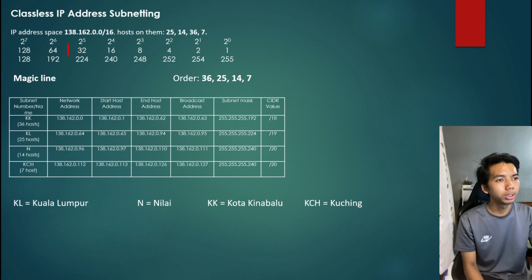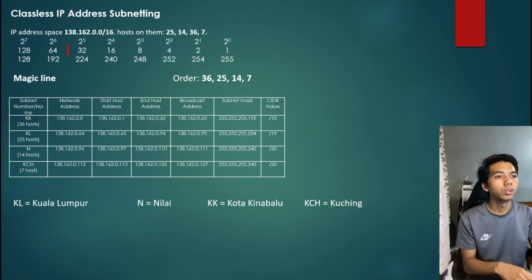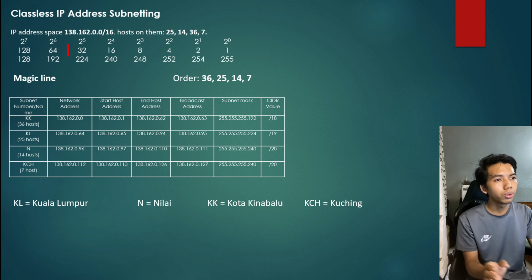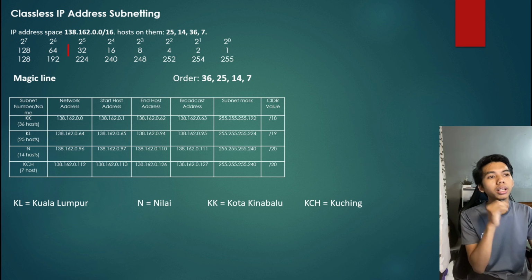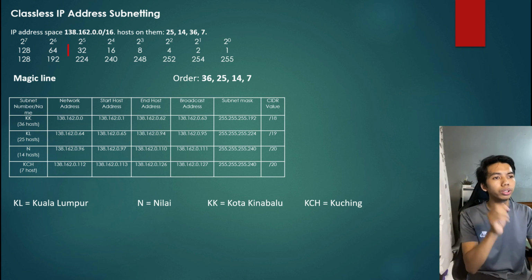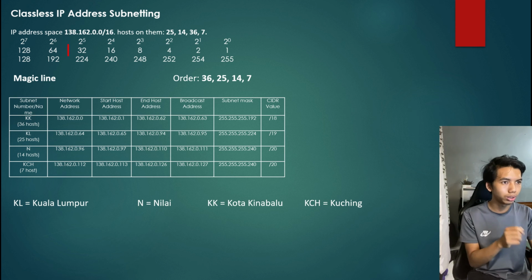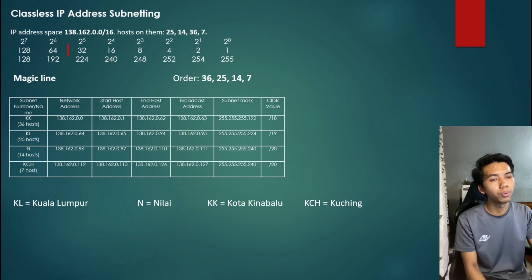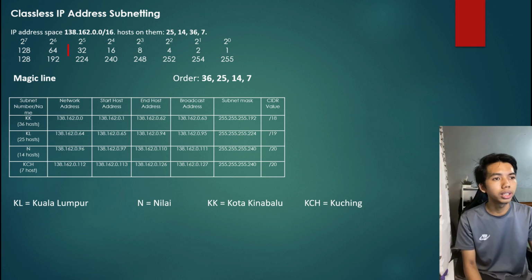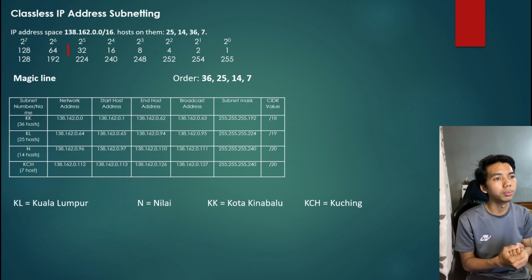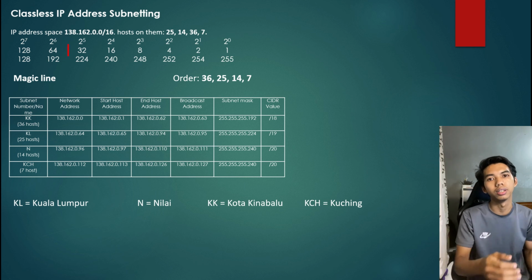For the broadcast address, we just subtract 1, and for the end host address we take the broadcast address and subtract 1 also, which should be 138.162.0.62. So that is how we get all the network address, start host, end host, broadcast, subnet mask and CIDR.